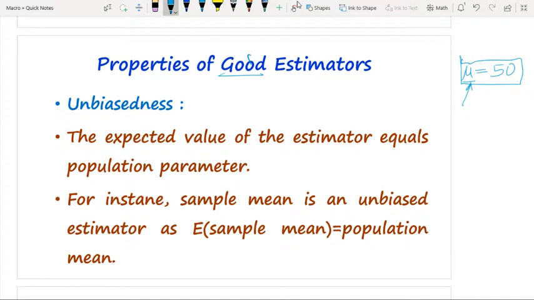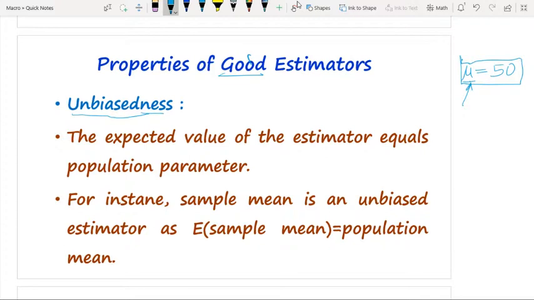For that, we consider certain properties of the estimator that can produce an estimate that is as close as possible to this number, 50. The first property of a good estimator is unbiasedness.